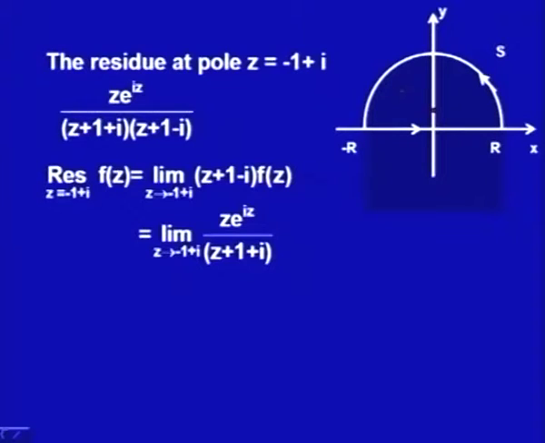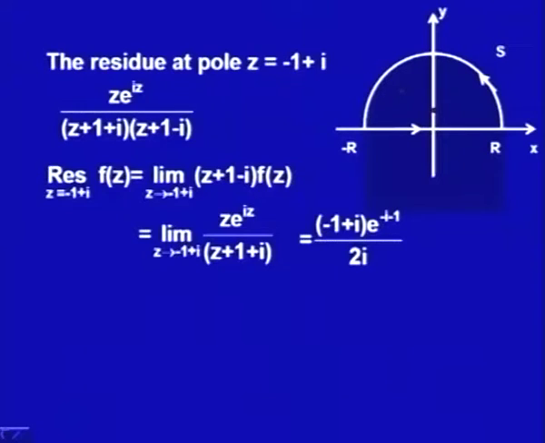Evaluating it, z would be minus 1 plus i, e to the power i into (minus 1 plus i) gives e to the power minus i minus 1, and z plus 1 plus i would be 2i in the denominator. So, I get (minus 1 plus i) into e to the power minus i minus 1 upon 2i.